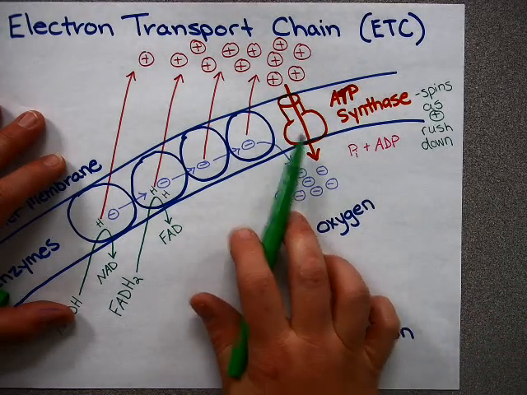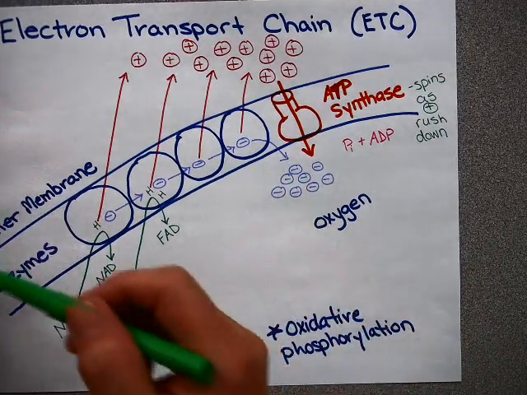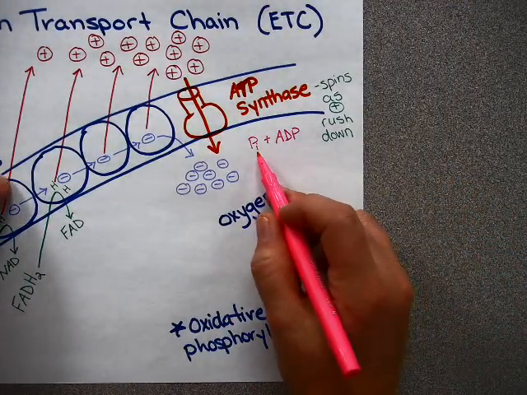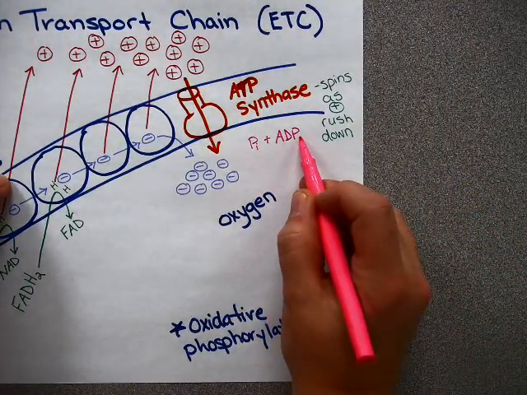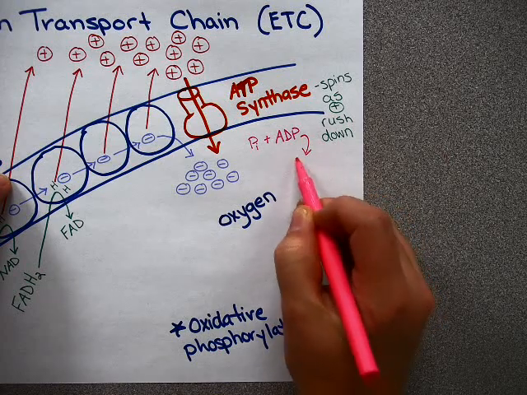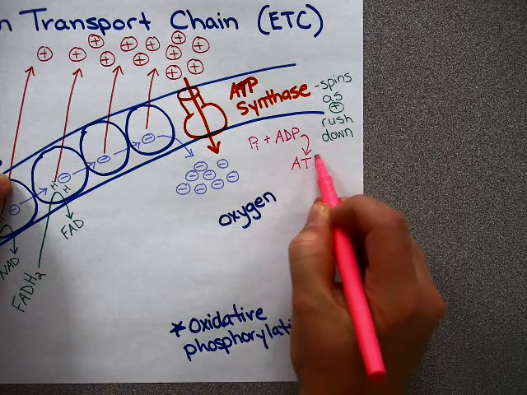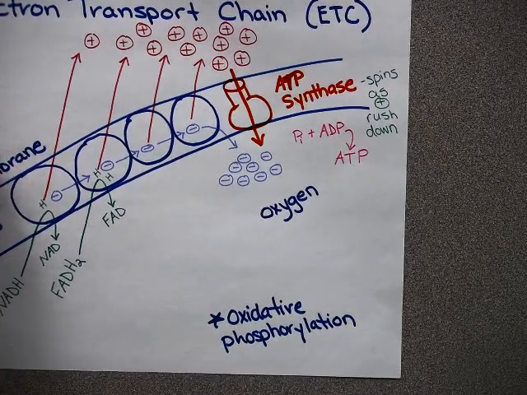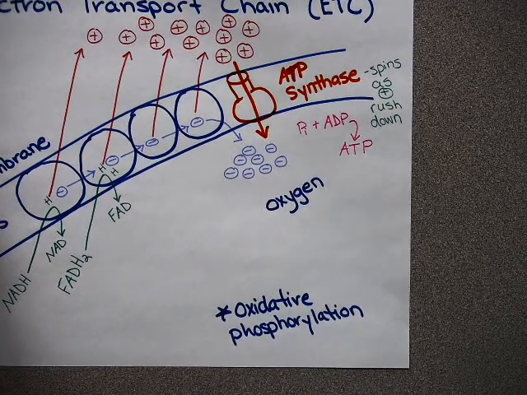Only one spot, it's through ATP synthase. ATP synthase spins, it gets kinetic energy. Finally, I can take my P and put it onto ADP to make ATP, which was our goal all along. All those steps, isn't that amazing? All those steps just to get to that point.